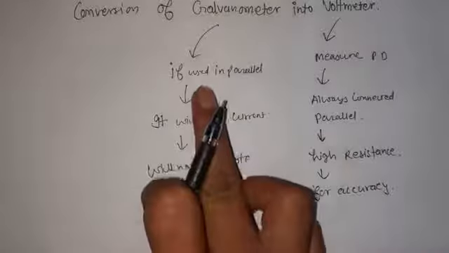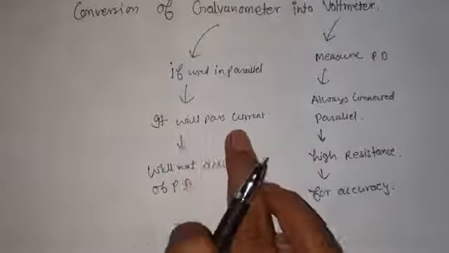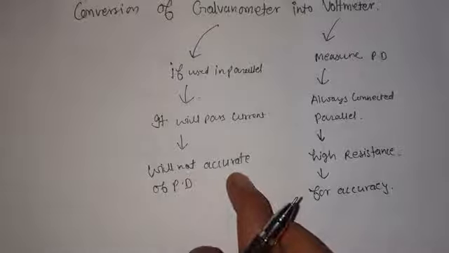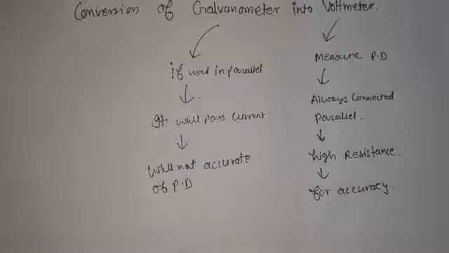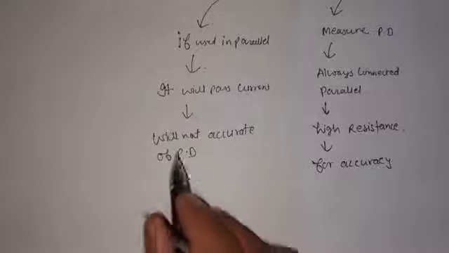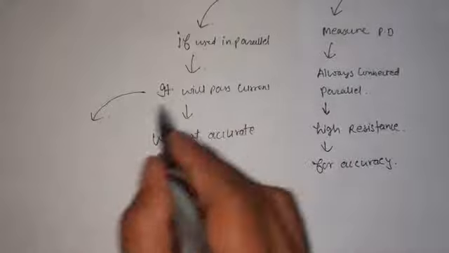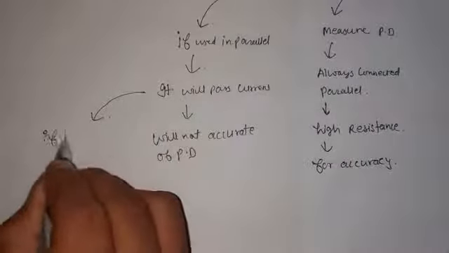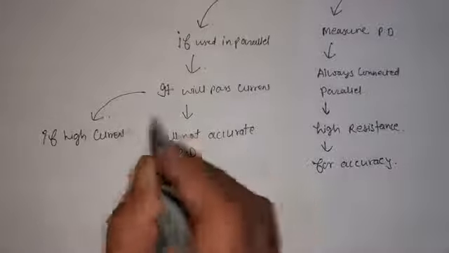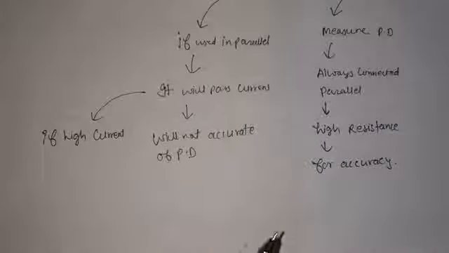But here, if we connect this galvanometer in parallel, it will pass current, and therefore it will not give us the correct measurement of the potential difference. And one more important thing: if a high current passes through it, the galvanometer will be damaged.